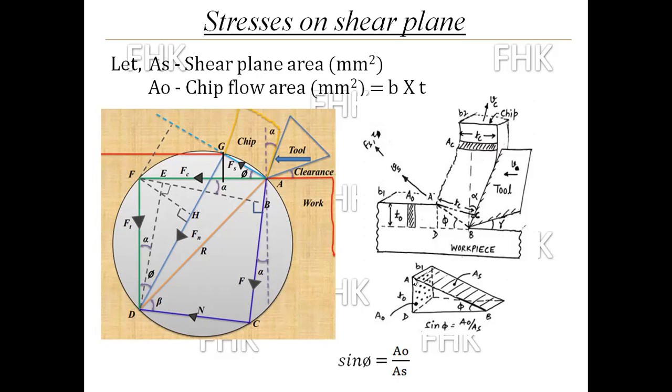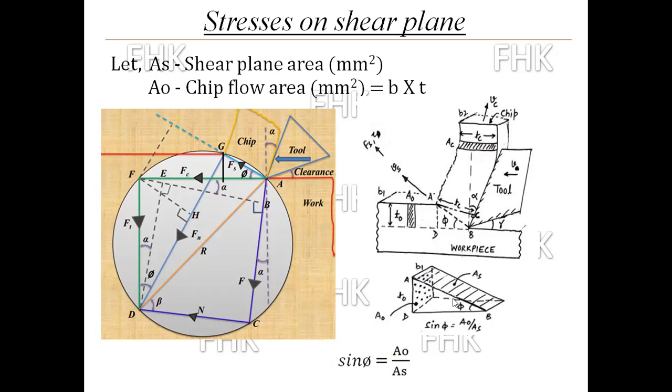If I consider that width, this will become A0, which is the dotted hatch portion, and AS is the area shown by the horizontal hatching lines. So sine phi is equal to A0, considering the width, divided by AS.